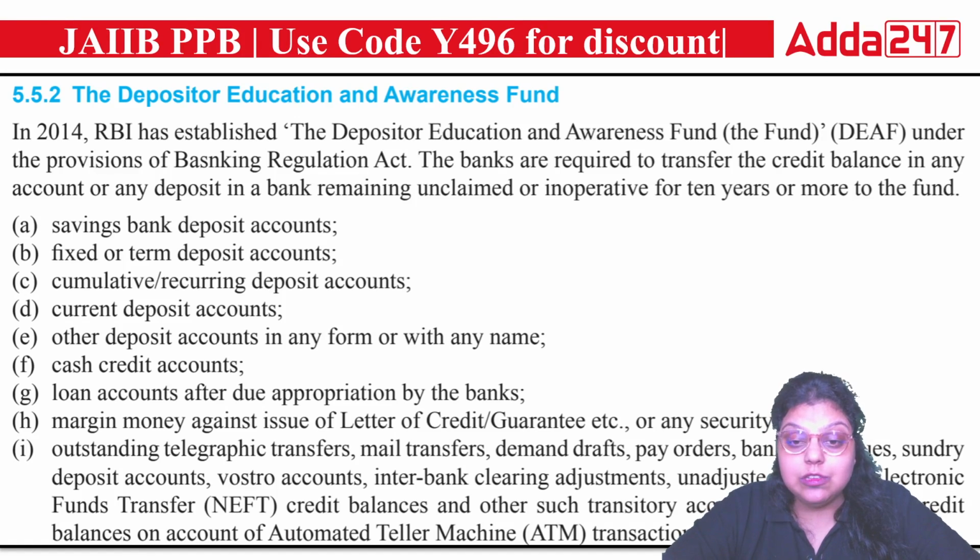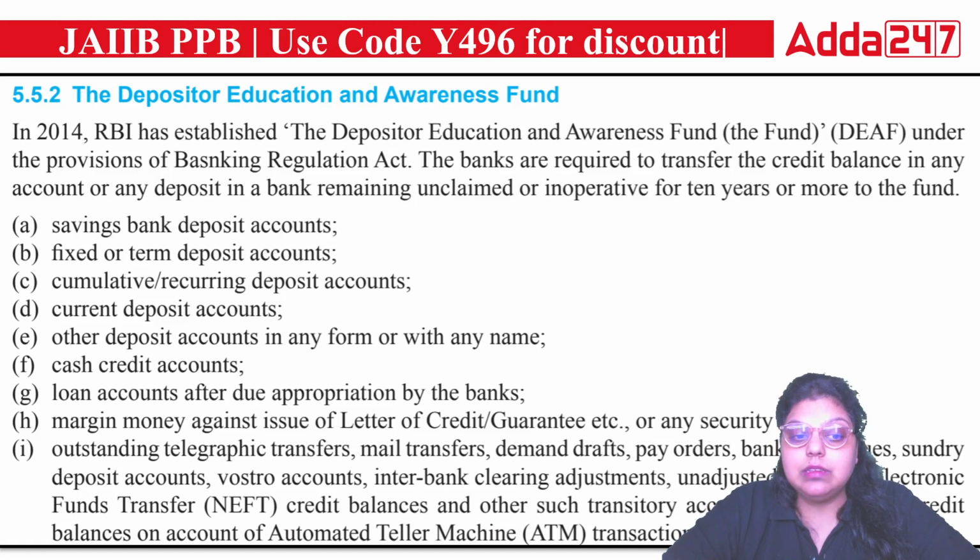So if any customer is not utilizing or not performing any transaction in their bank account, whether it is current, savings, FD or RD, their amount will be transferred after 10 years, 3 months to the DEA scheme. It covers savings bank deposit account, fixed or term deposit account, cumulative recurring deposit account, current deposit account, other deposit accounts in any form or with any name, cash credit account, loan account after due appropriation by the bank.